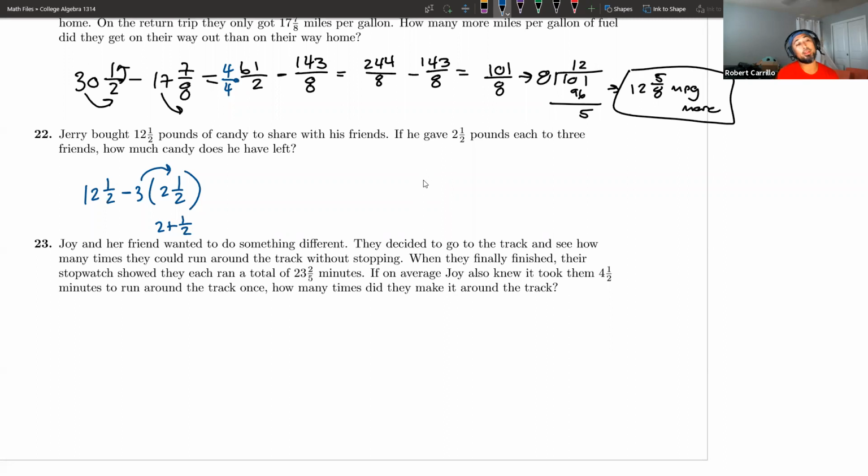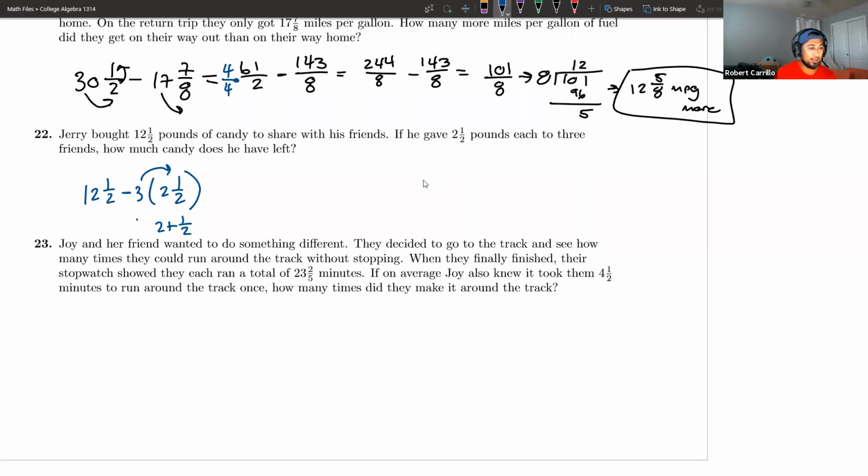So not only would that 3 need to go to the 2, that 3 would also go to that 1/2. Or if that's just too complicated, then what we'll do first is change everything into an improper fraction. Which way do you guys want to go about it? Can you show us both? Yeah, I can show you both. Okay, and let's see if they actually come out right.